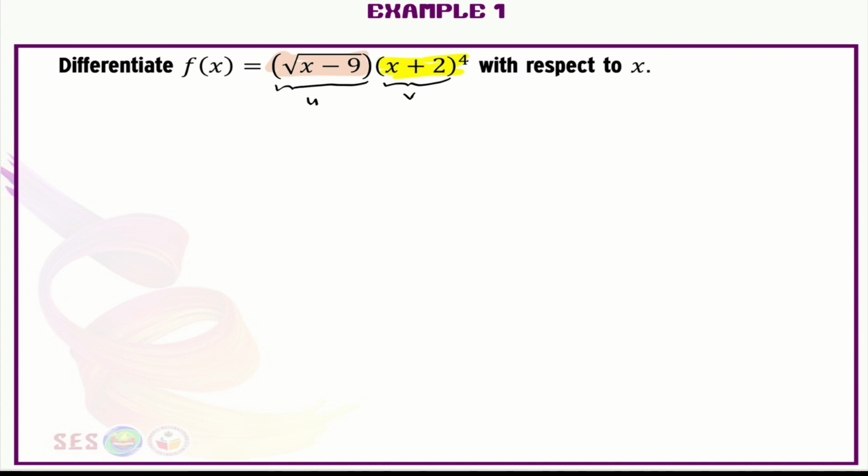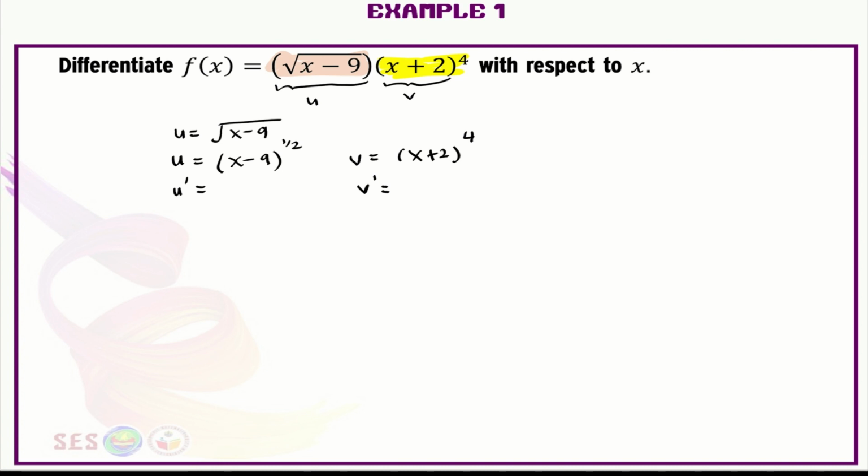Listing down the u and v, let us write u equals root of x minus 9, or it can be written as (x minus 9) to the power of 1 over 2, and v is (x plus 2) to the power of 4. We need to find the u prime and v prime first.